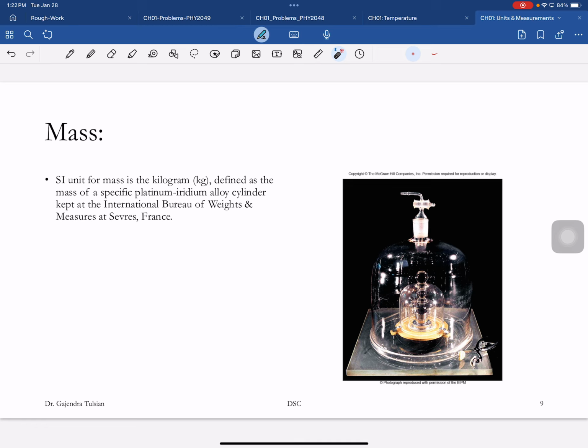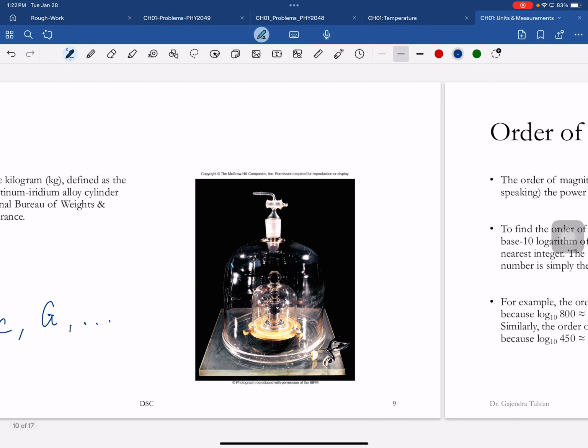Also, a kilogram is defined in terms of the fundamental units, but we won't go there. I guess here are some of the fundamental units. That's Planck's constant, h bar, c, and so on. Okay. So here are some of the fundamental constants, and it's defined in terms of those.